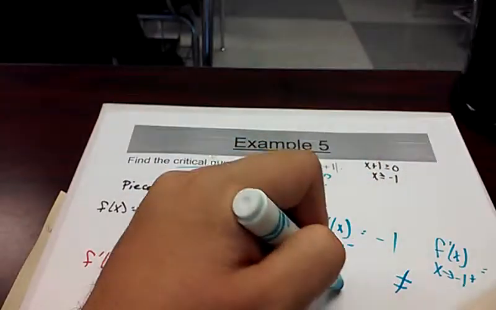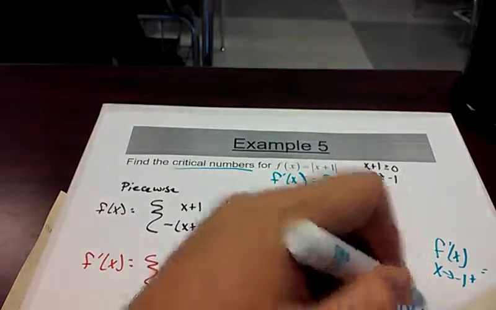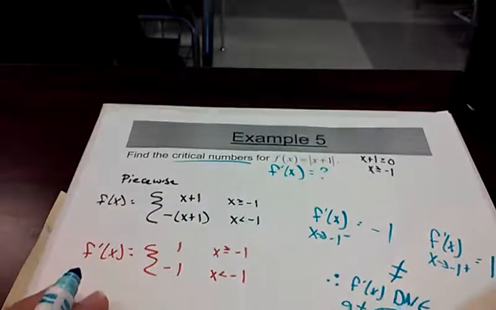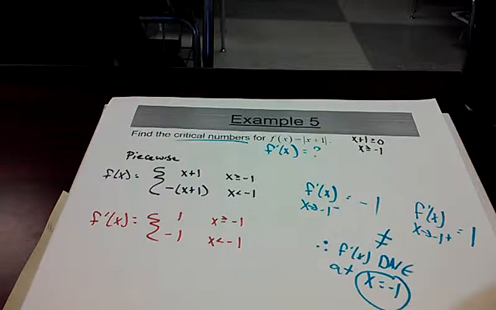Those two values do not equal, therefore the derivative does not exist at x equals negative 1, and then by definition that is one of my critical numbers.